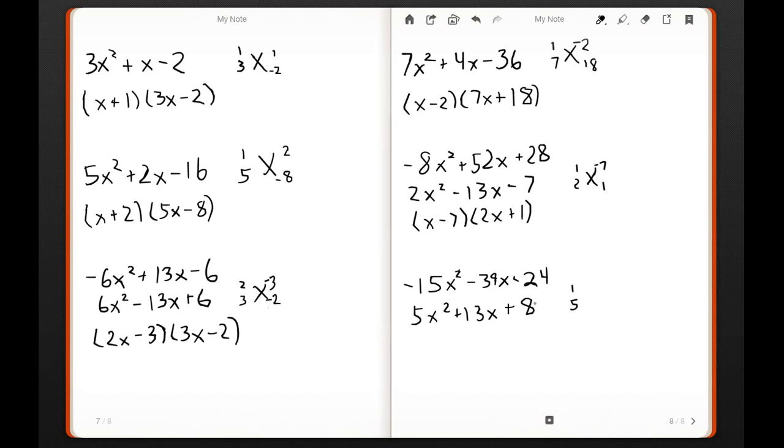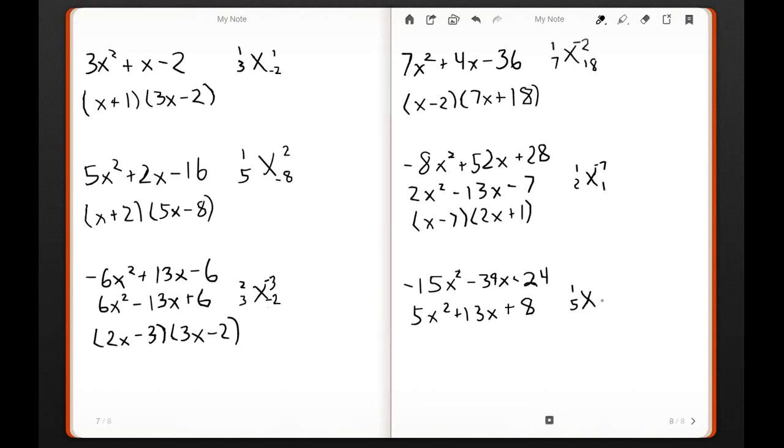Now, we just have a couple of different combinations for 8. But here's a little trick. 5 plus 8 is going to be 13. So we want to have both the 5 and the 8 being multiplied by a 1.